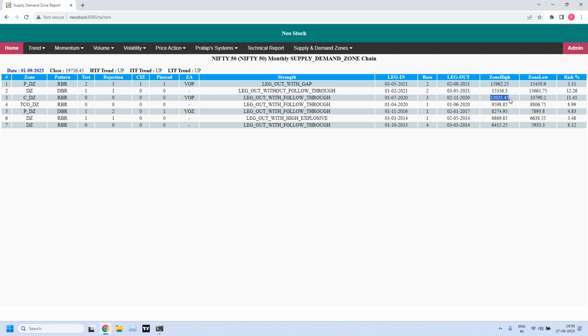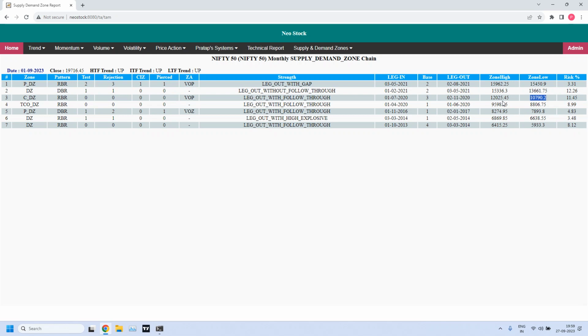That is 12,025.45. And zone low, that is stop loss, that is 10,000. When price reaches this zone, the zone holds the price. That means whatever the market is crashing down, it stops that crash.